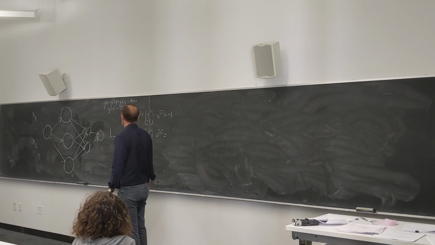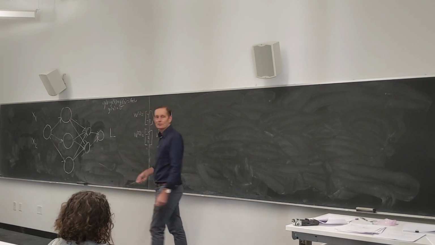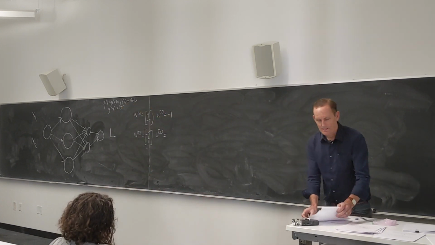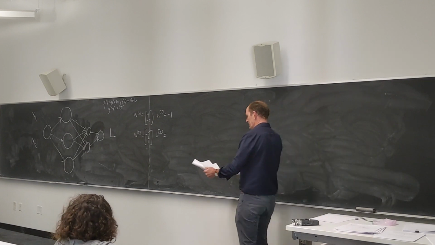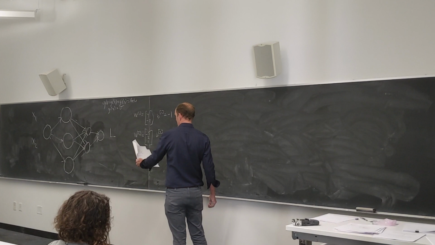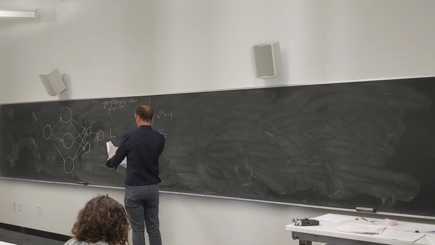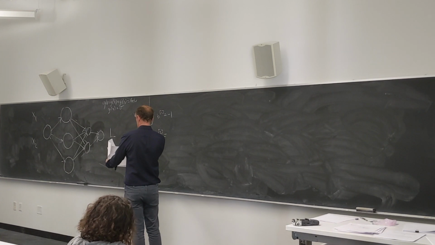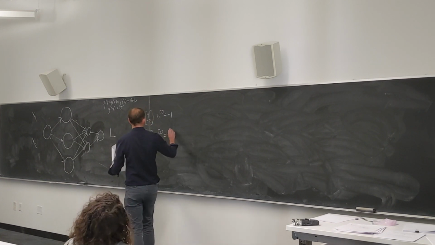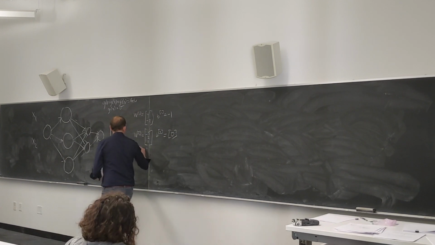So we're going to look at a neural network, and we're going to first do forward propagation, and then we're going to do backpropagation. I was just filling out the weights here.